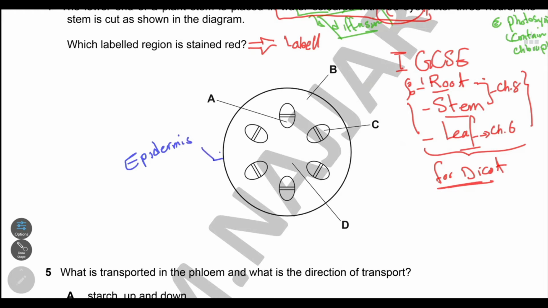The epidermis is also called the dermal tissue system. Right after, we have the cortex. B is the cortex.